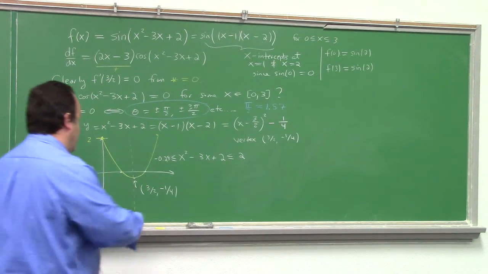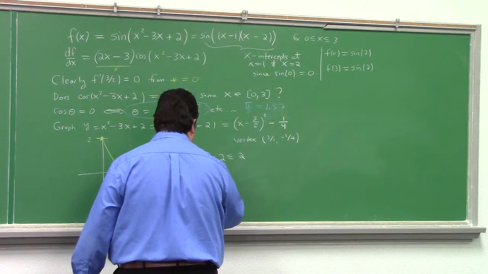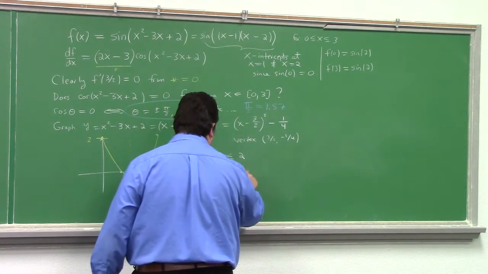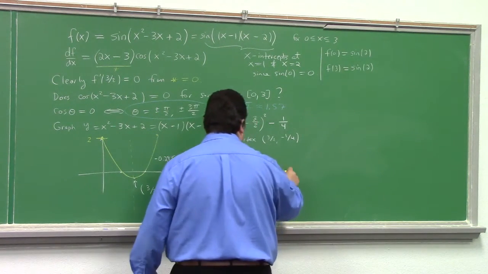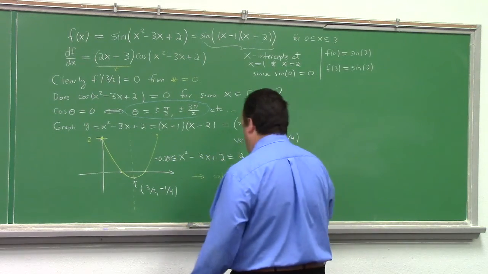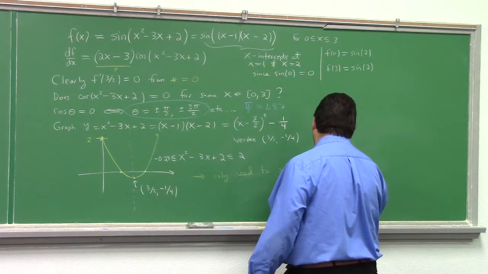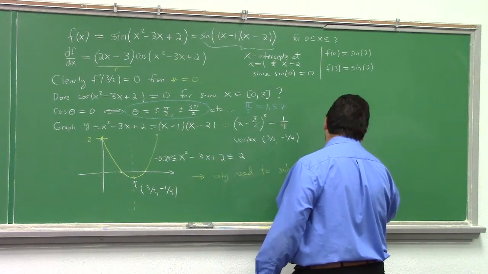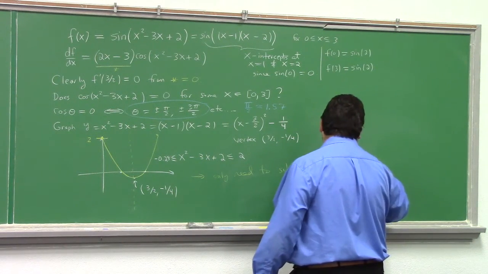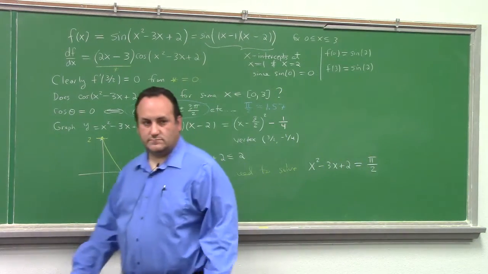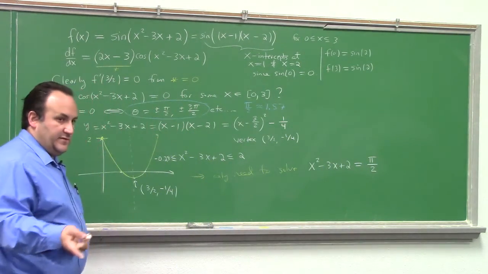So we only need to solve x squared minus 3x plus 2 equal to pi over 2. There will be two solutions.